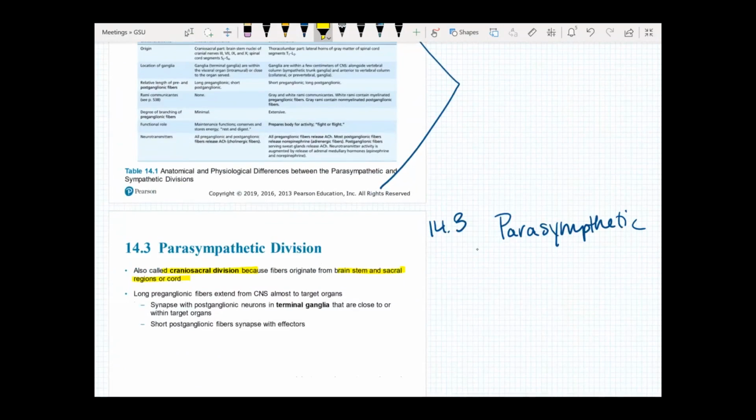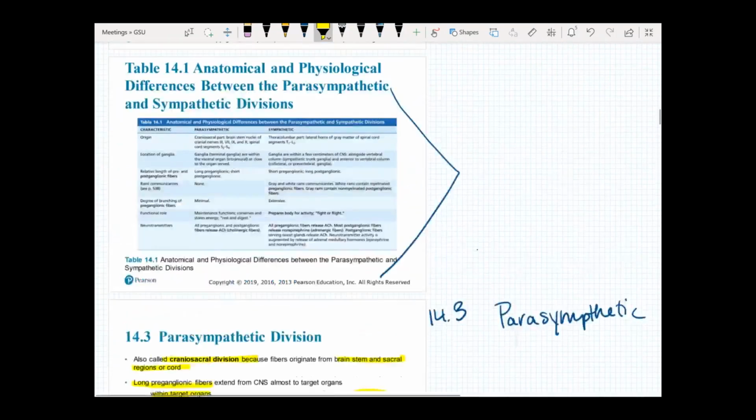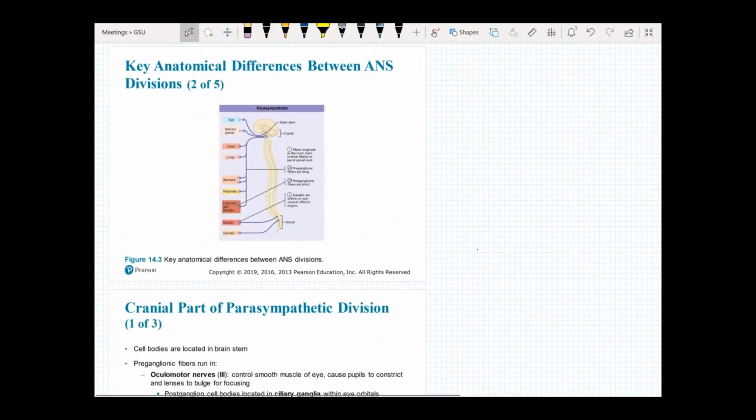And these are going to have long preganglionic fibers, and we're going to synapse on a terminal ganglia that is close to the target organ. So we're going to have short postganglionic fibers. That's exactly what we just said previously. Again, here's another review. So we're going to break this down and do the cranial and then the sacral part of both of these.